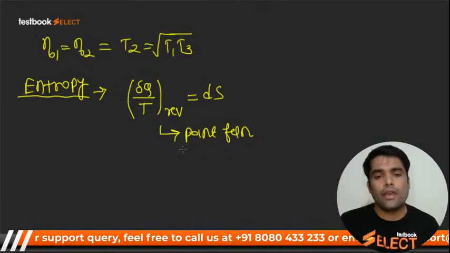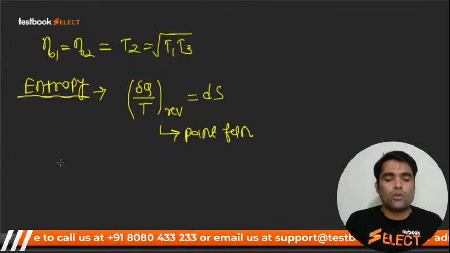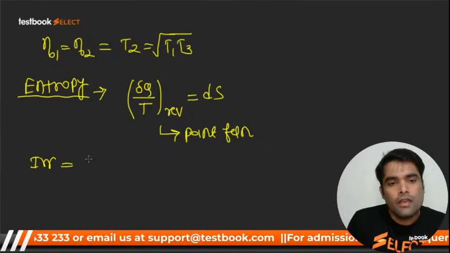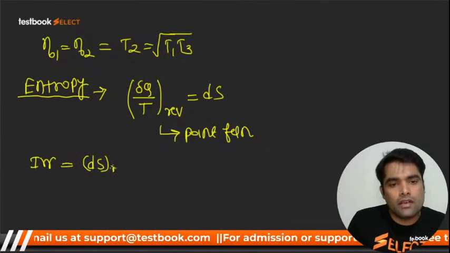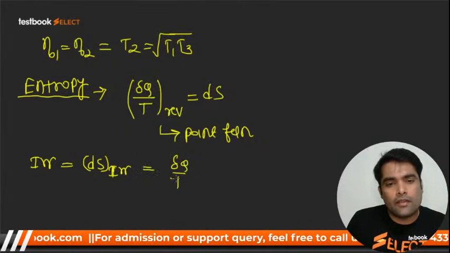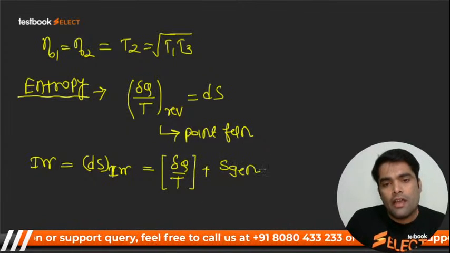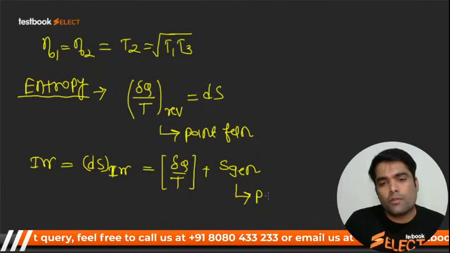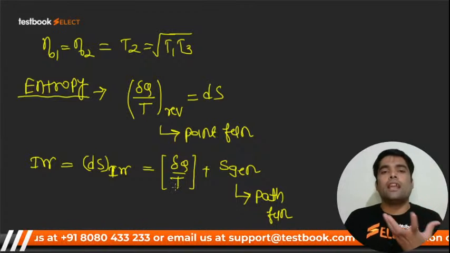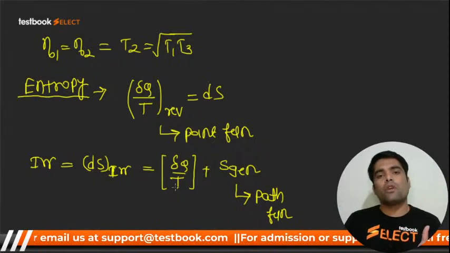I repeat once again. It is for reversible. And if I want to calculate for irreversible, my dear, then ds for irreversible is del q by T plus entropy generated, and this entropy generation is a path function, due to which entropy for an irreversible process becomes a path function.